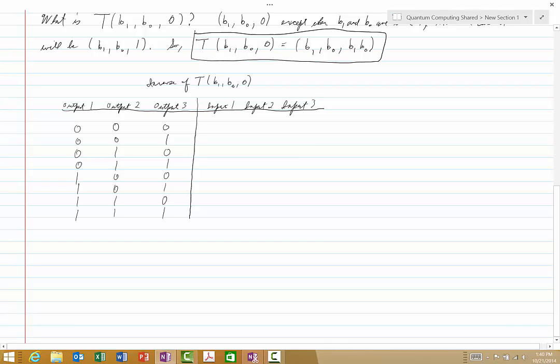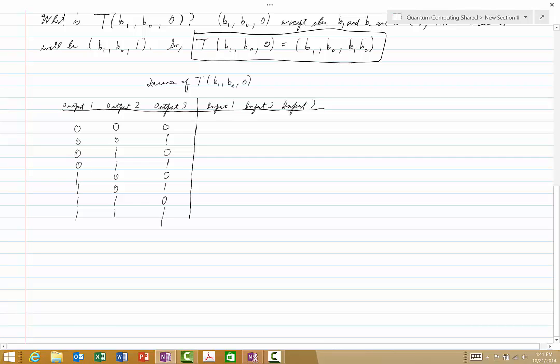So the idea now is that we're supposing that these bits represent the output of a Toffoli gate, and we're trying to figure out, is that enough information for us to get what the input was?